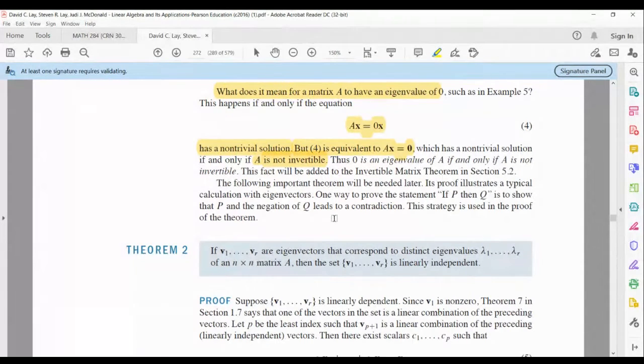If the matrix A is invertible, then the vector x would have to equal the zero vector. Therefore, if the vector x is an eigenvector, by definition it can't equal the zero vector. That means A is not invertible. And therefore, 0 is an eigenvalue of A if and only if A is not invertible. Okay, that's a useful thing to know.